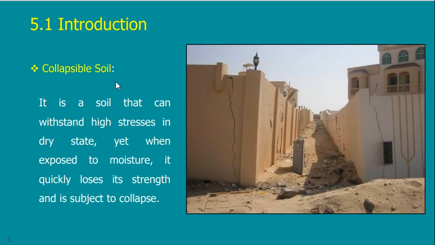Collapsible soil. From this photo you can see it's a new building, and obviously they are still in the construction stage, because the streets outside are not paved, and it's not ready for anything. But before anything happens, you find lots of cracks. Why did these cracks happen?